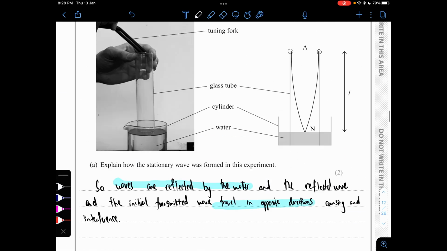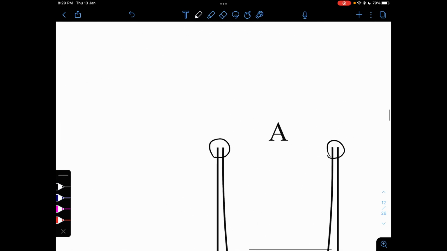So if they were touching, this would carry on to like here or something. This would just make each node longer, right?